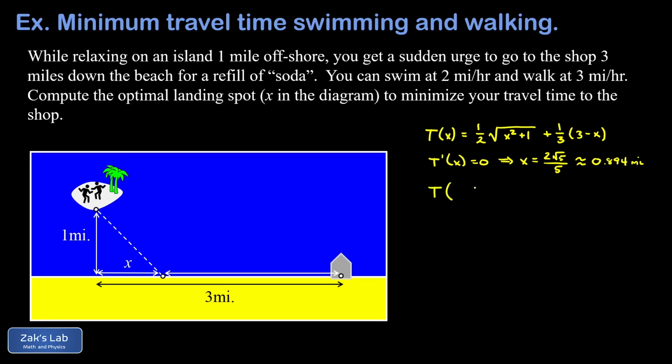So I'm going to evaluate t of 2 root 5 over 5. And when I sub that in to the square root part of t, I have to square x. And this is where I kind of regret rationalizing this thing. Remember, it was written as 2 divided by root 5, and when I square that, I get 4/5. Or we can square the rationalized version, and we get 4 times 5 over 25, which reduces to the same 4/5.